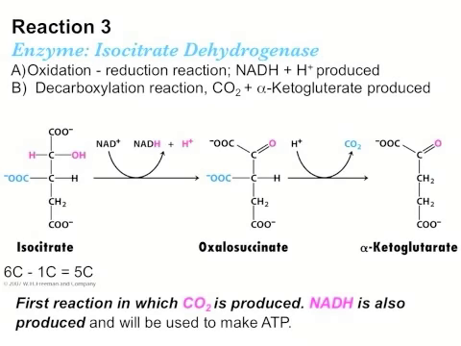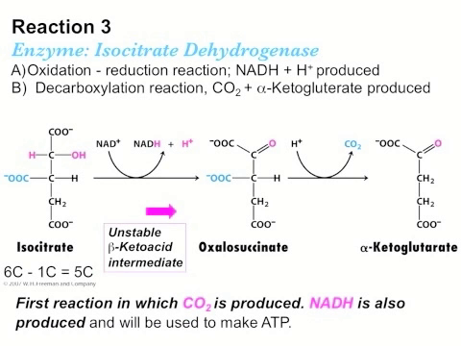In reaction number 3, the enzyme isocitrate dehydrogenase is going to catalyze an oxidation and a decarboxylation reaction. The first thing that's going to occur is an oxidation-reduction reaction. Isocitrate is going to be oxidized and NAD+ is going to be reduced. This produces our first NADH.